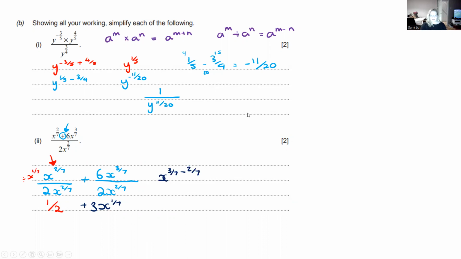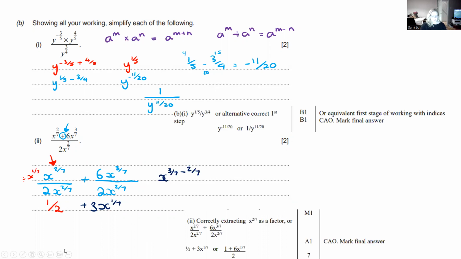Should we check on how to get marks? I'm going to put them both up. Let's get my green pen. What feels like school. Okay, so I got 1 mark for noticing that it was 1/5 divided by 3/4. So essentially I had to know that I was getting that 1/5, which I would have still picked up the mark there because it's an alternative correct first step.